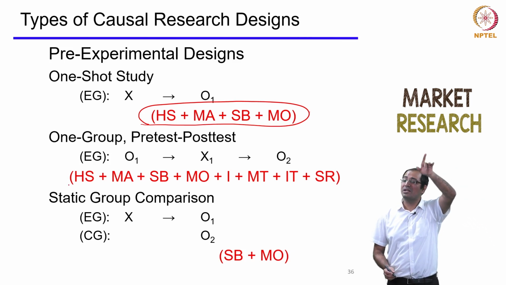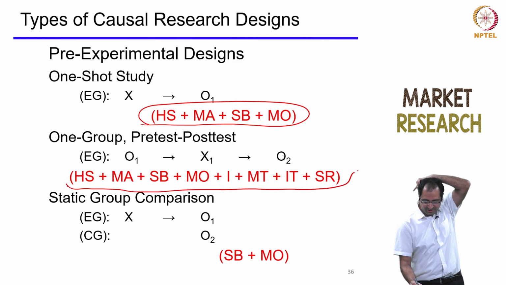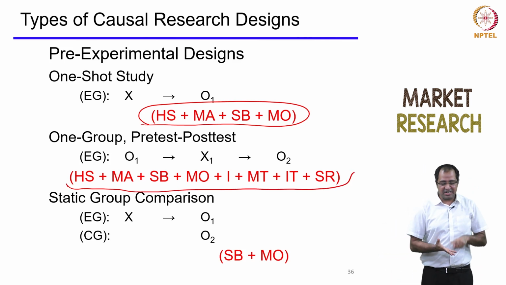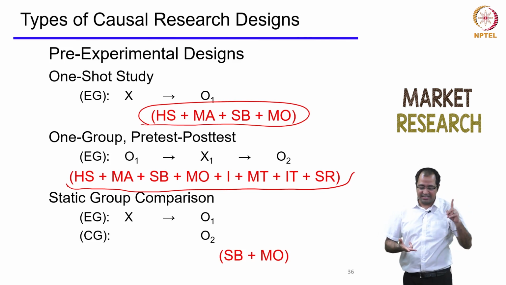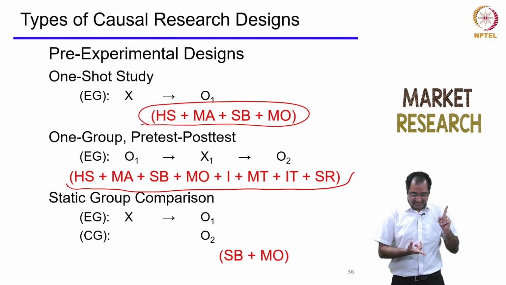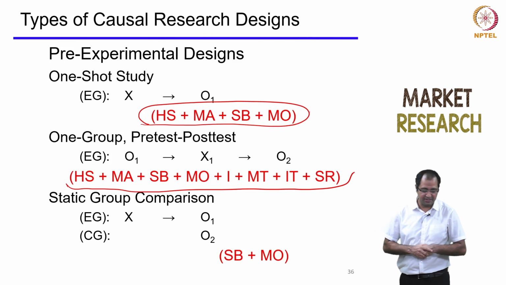In the earlier case, you were not even noticing the change. And in this case, the number of problems is even more. There is history, maturity, selection bias, mortality, instrumentation, the interactive testing effect and statistical regression. All these problems are there.